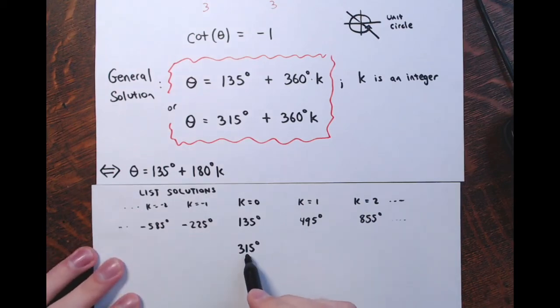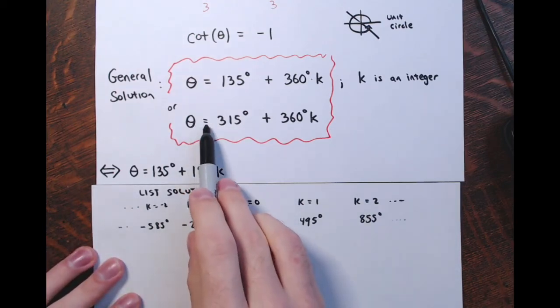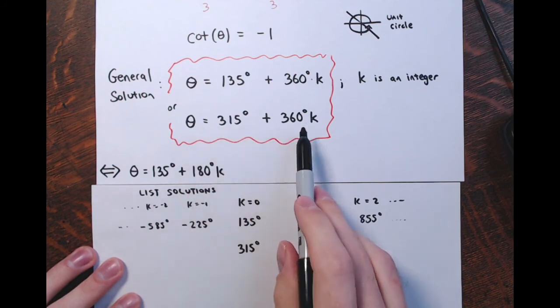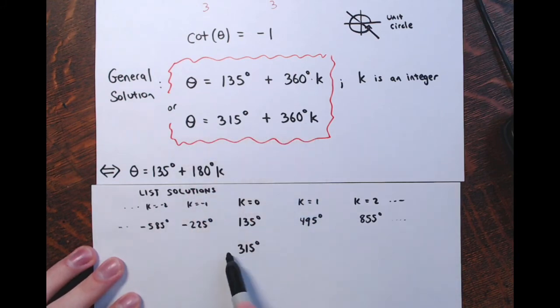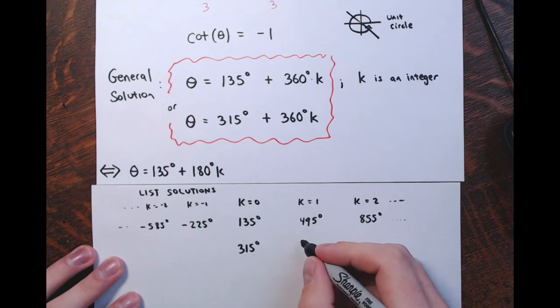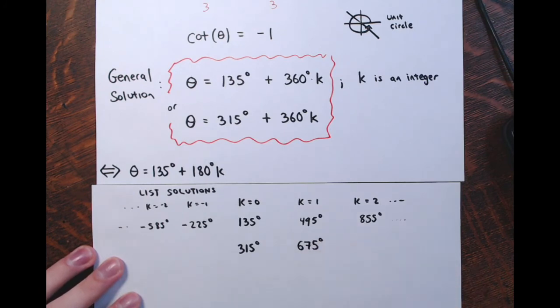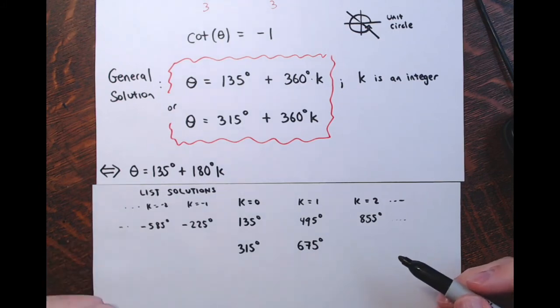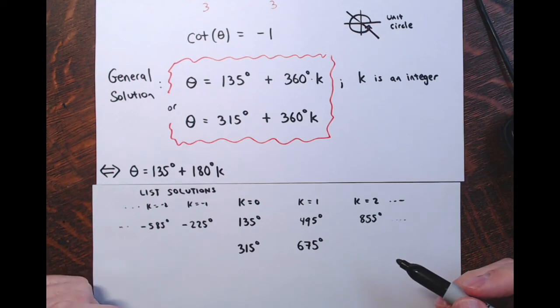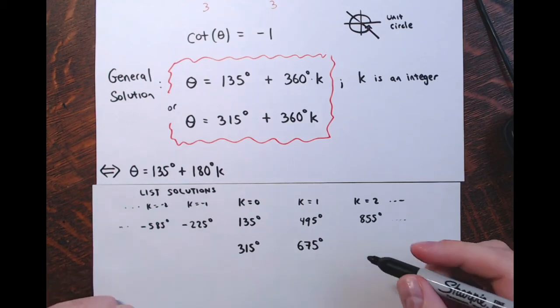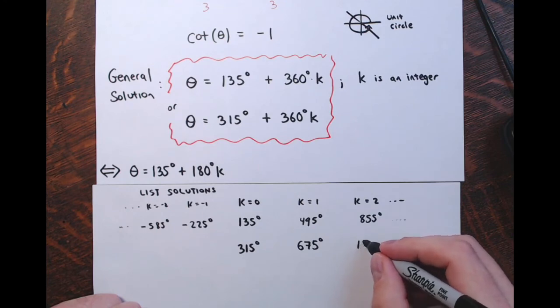And then do the same thing for the 315 line, with this second branch here. If I'm going this way, I'm just adding 360. So I could replace theta with 675 degrees and it would make the equation true. Add another 360, that'd be 1035 degrees.